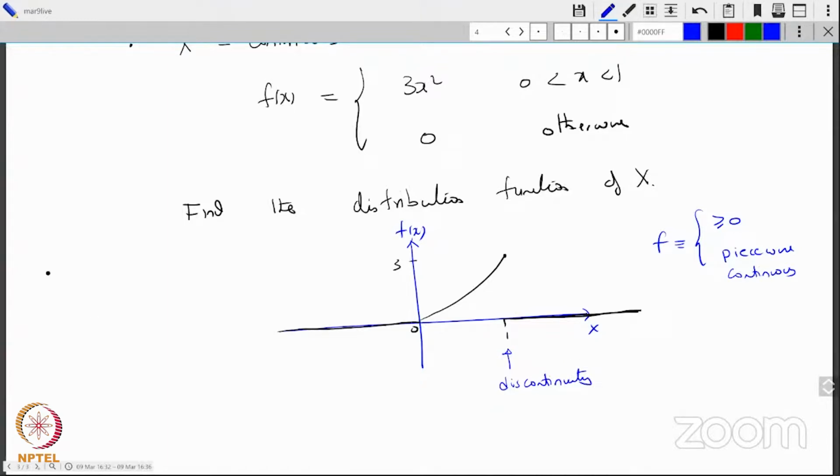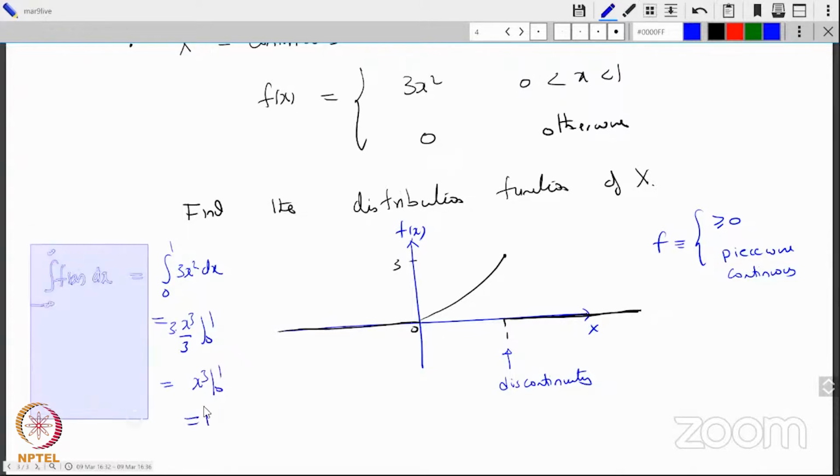And you also have probably observed that the integral from minus infinity to infinity of f of x dx was equal to the integral from 0 to 1 of 3x squared dx, and that's just x cubed by 3 from 0 to 1 times 3, and that just gave you x cubed from 0 to 1, and that just gave you 1.